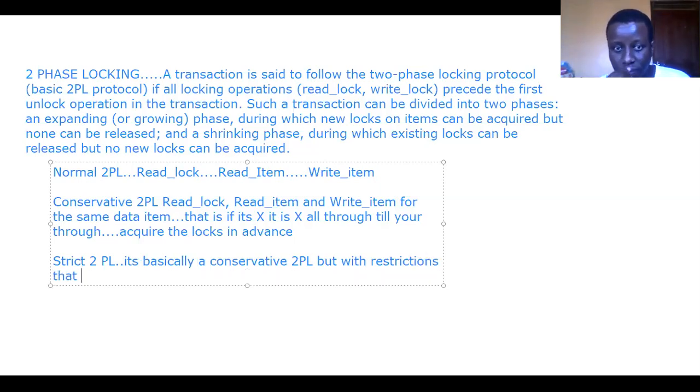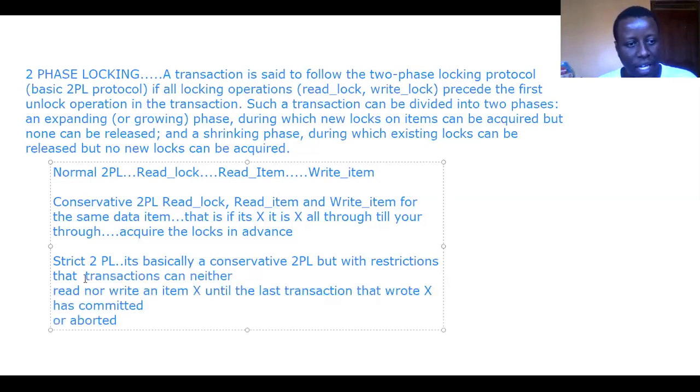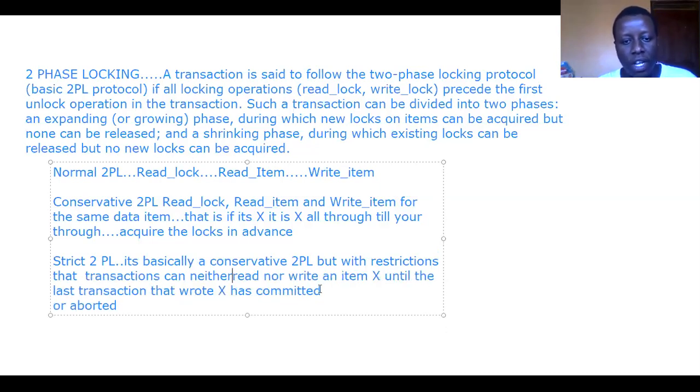The restriction is that transactions can neither read nor write until the earlier transaction has committed or aborted.